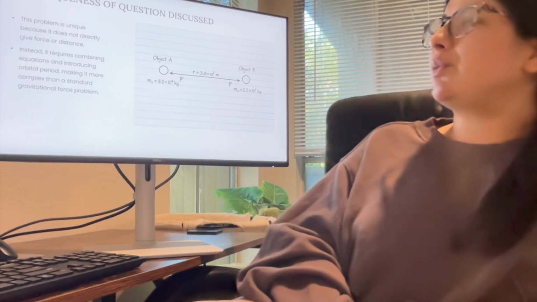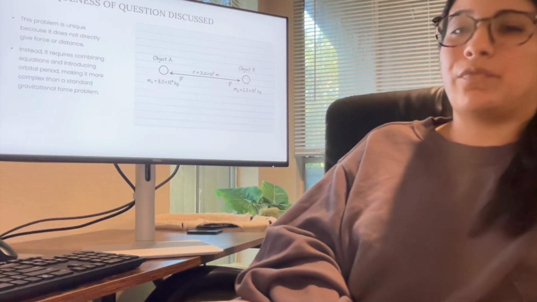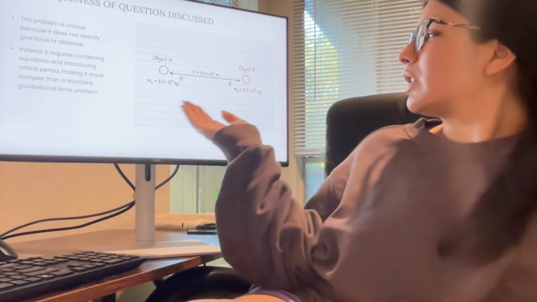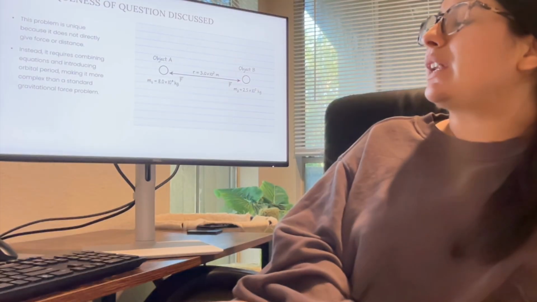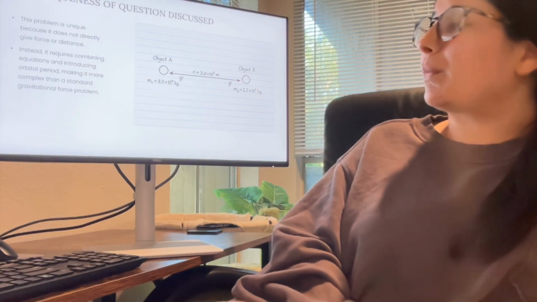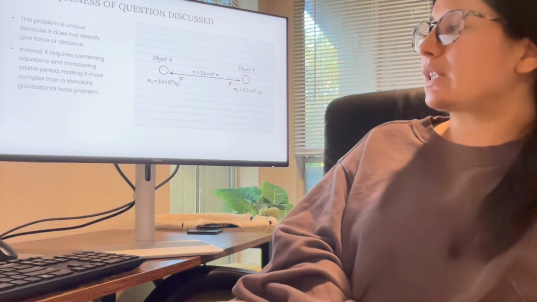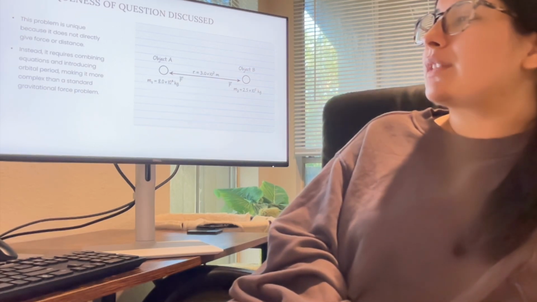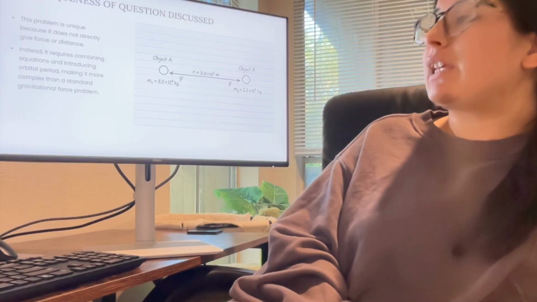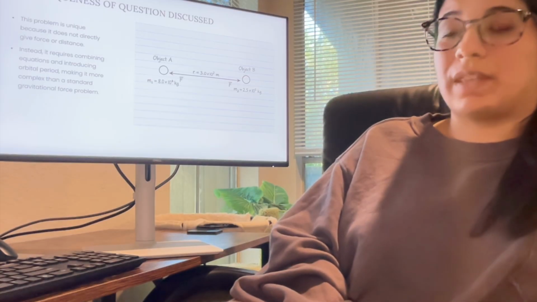This problem is unique because it does not directly give force or distance. Instead, it requires combining equations and introducing an orbital period, making it more complex than a standard gravitational force problem. What makes this problem different is that it requires deeper thinking.